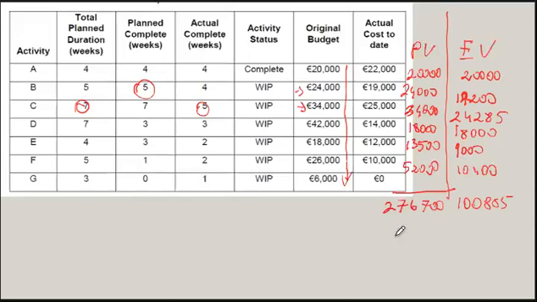I feel like I made a mistake in this calculation somewhere, so bear with me. I apologize again. This seems unreasonable, so there is a mistake there. 20 plus 24 plus 34,000 plus 13,500 plus. I think you might have added 52,000 rather than 5,200. That's what I'm thinking.